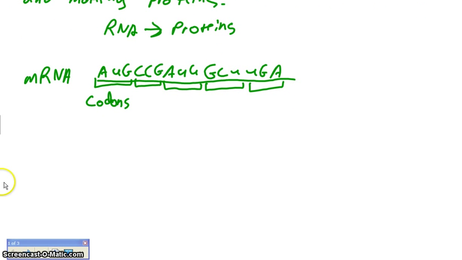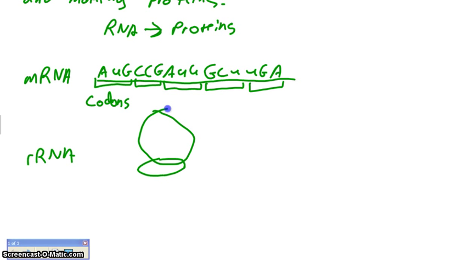Alright, so that's mRNA. Now, rRNA stands for ribosomal RNA. And the ribosome, actually, we just drew them as dots when we were looking at the cell, but a ribosome actually has two parts. There's a small part, and then there's a large part. So that's a ribosome. And the rRNA actually kind of lives in the ribosome. There's 3 pieces up here, and then there's 1 piece down here.